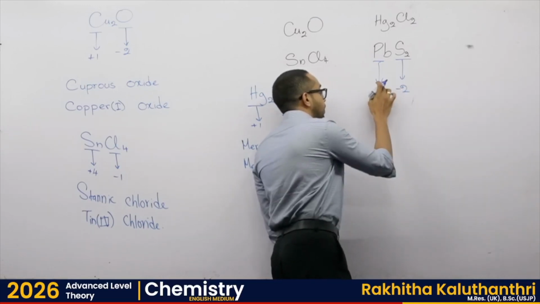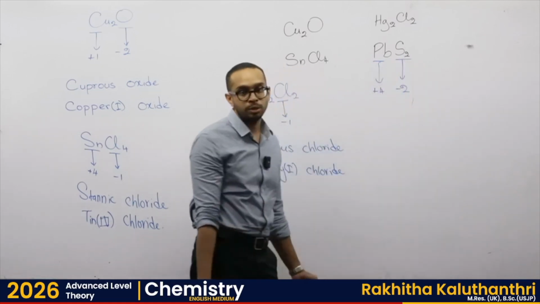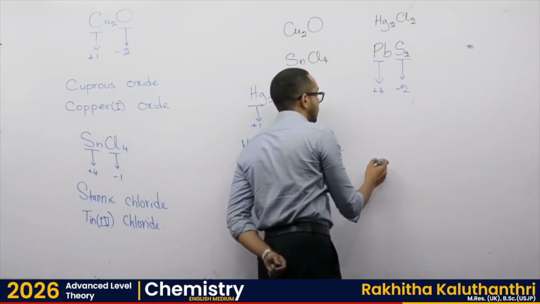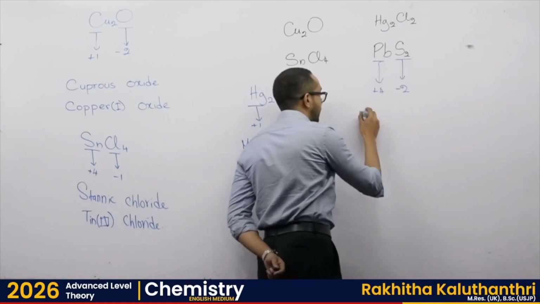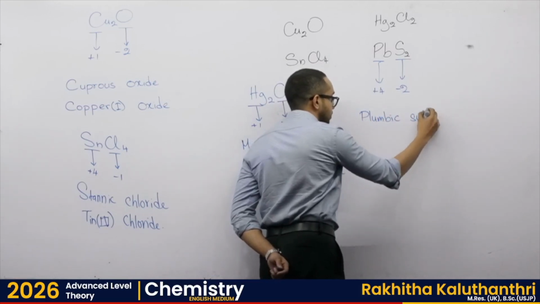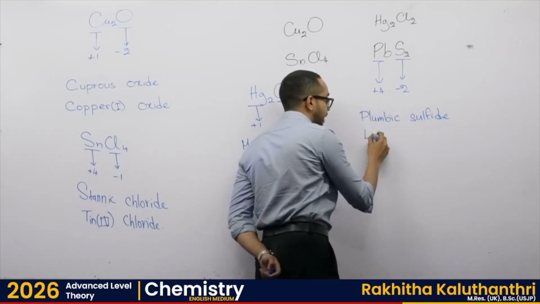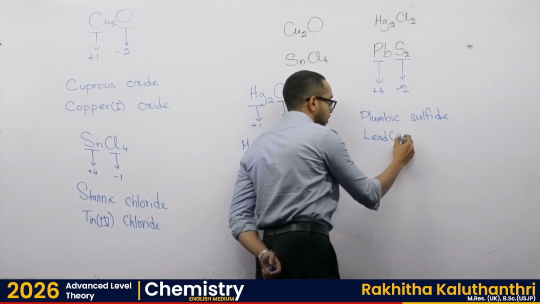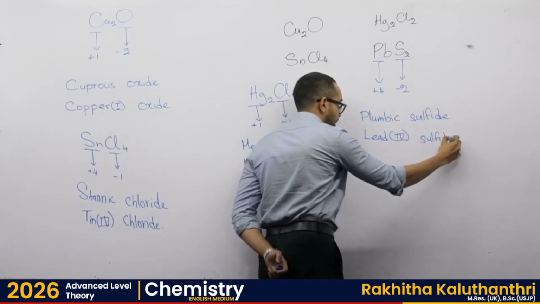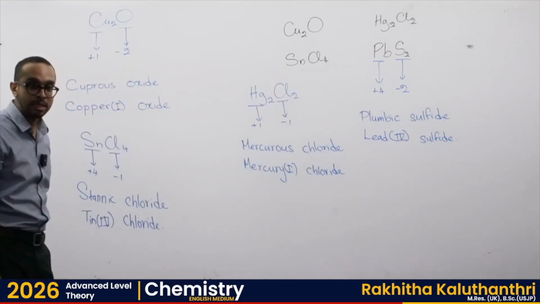And Pb will be +4 because 2 sulfide ions are attached to it. 2 sulfides mean definitely here lead is in +4 oxidation state. So the name would be plumbic sulfide. This is the trivial name. The IUPAC name is lead 4 sulfide. Lead 4 sulfide.